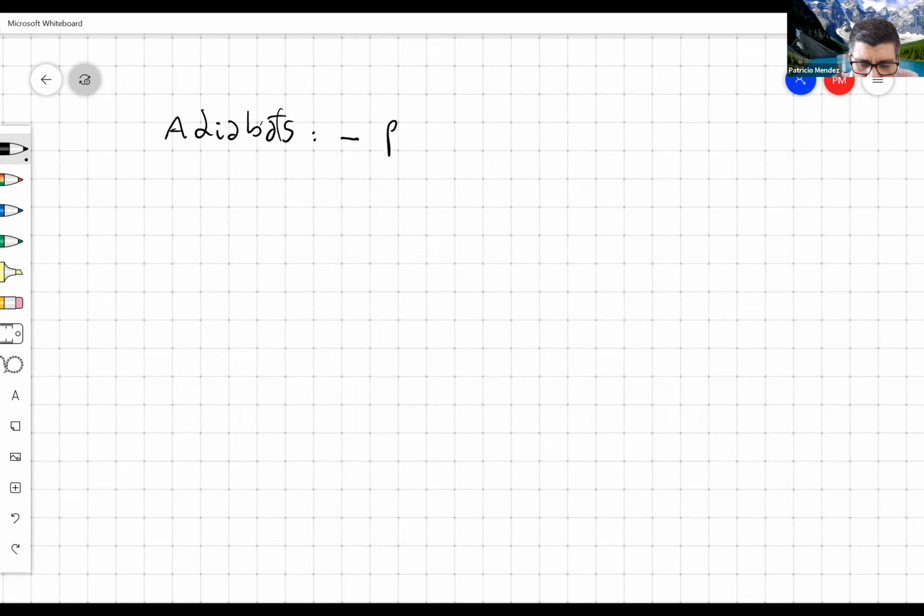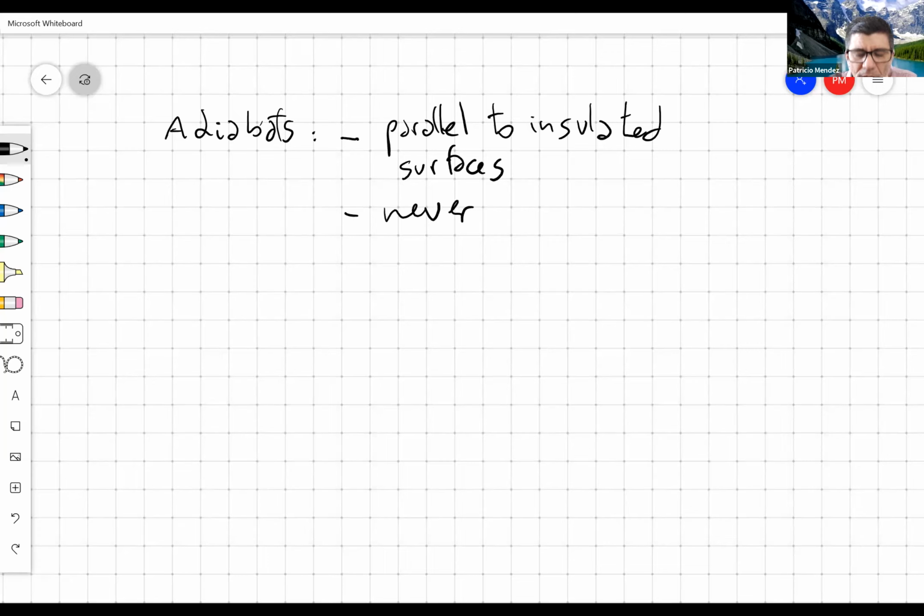They are parallel to insulated surfaces. They never cross. And of course, you can prove all this with math, but if I give it to you as rules, it's good enough to start. It's such few rules and so simple that we'll be okay. So they never cross. And the most important thing, they're always perpendicular to isotherms.